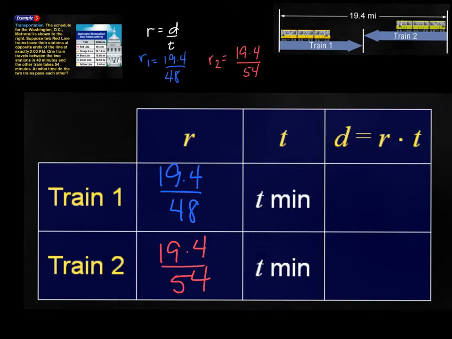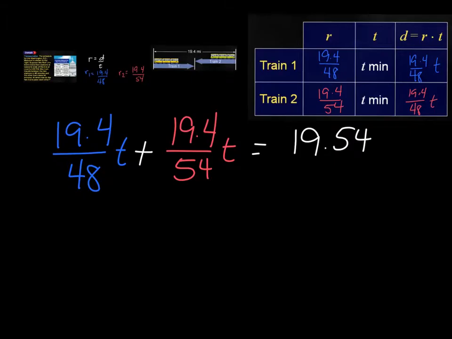And distance equals rate times time. So the first train will travel, it doesn't divide out well at all, so I'm just going to leave it, 19.4 divided by 48 times the amount of time it takes. And the second train will travel 19.4 divided by 54 times the same amount of time because they're meeting.